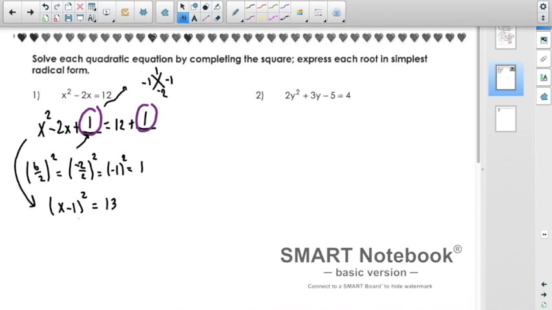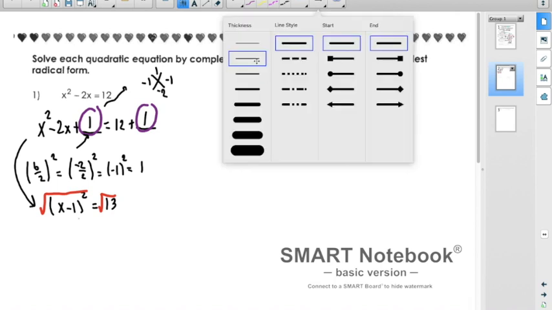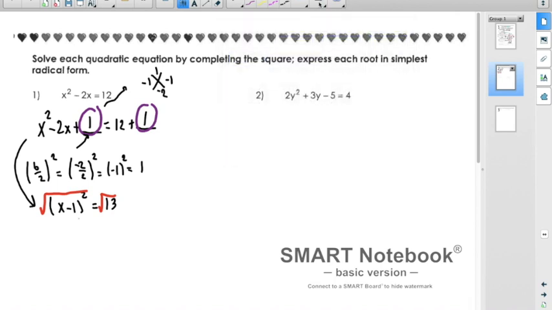Now, I've got to solve for x, so you take the square root of both sides.